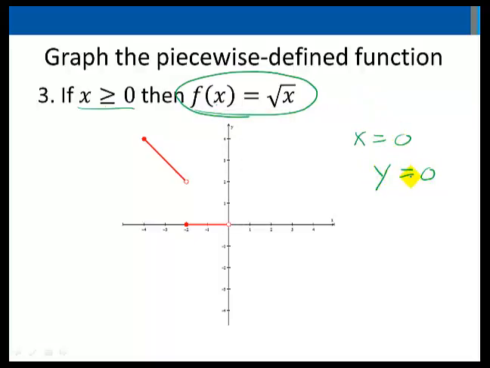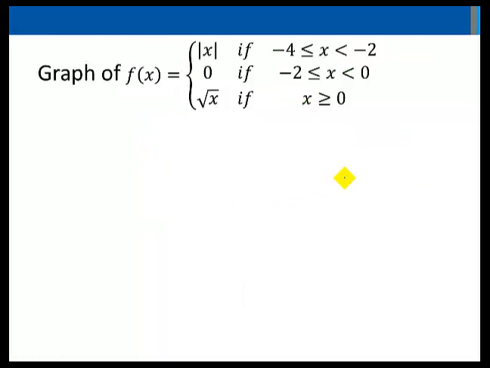And so we have the point 0, 0. Do we have an open circle or a closed circle here? Well, the greater than or equal sign tells me that this point is actually included on the graph. And past that point, we'll plot y equals square root of x. And this is the graph of our piecewise function.